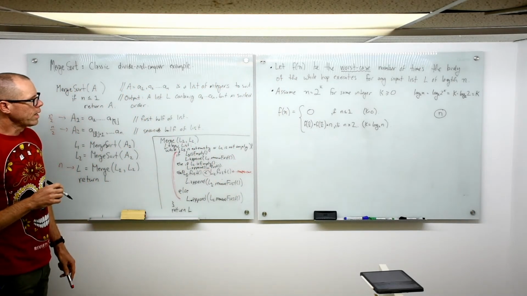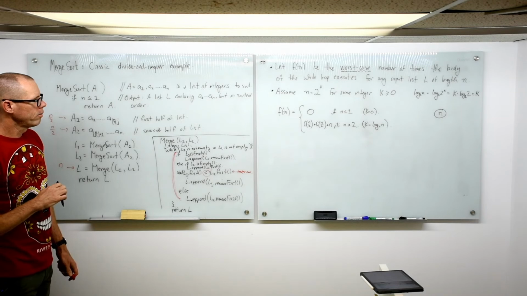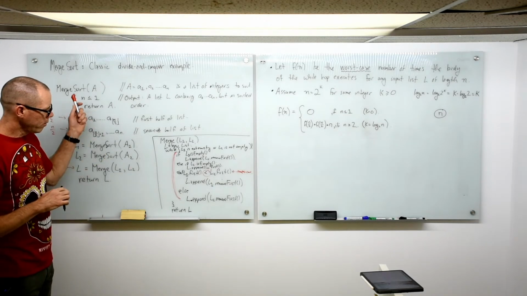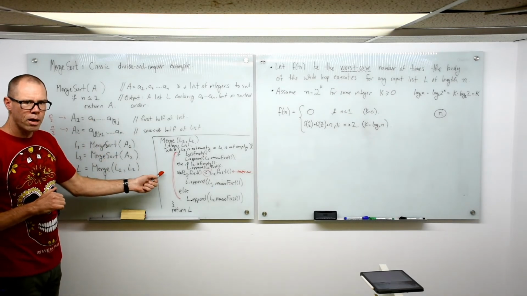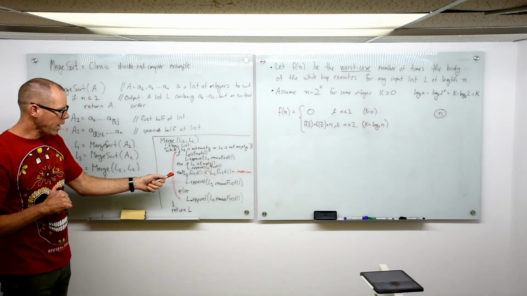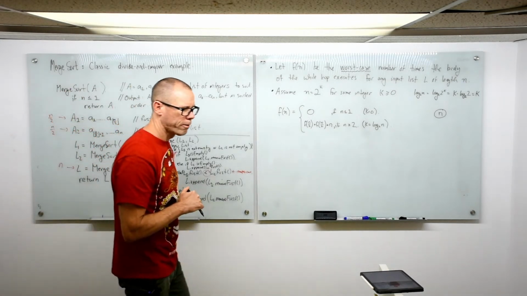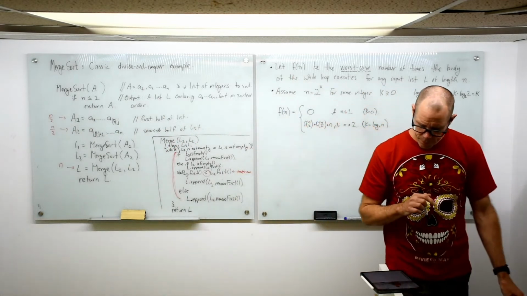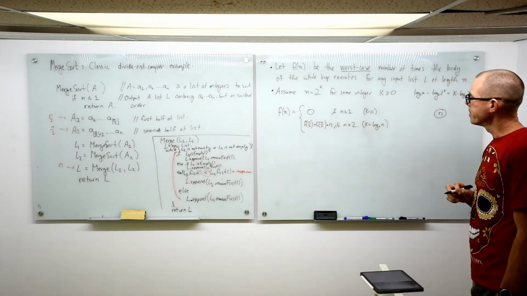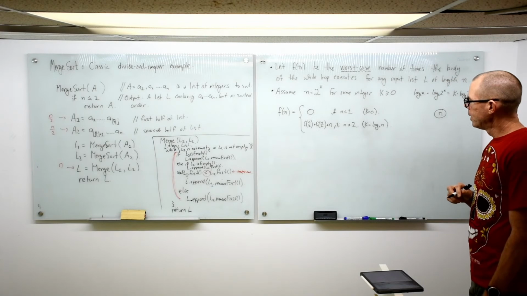So we get this nice recurrence that perfectly captures the thing that we're studying, the number of executions of the body of the while loop here. Good.